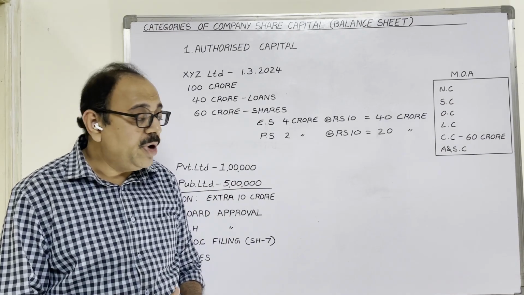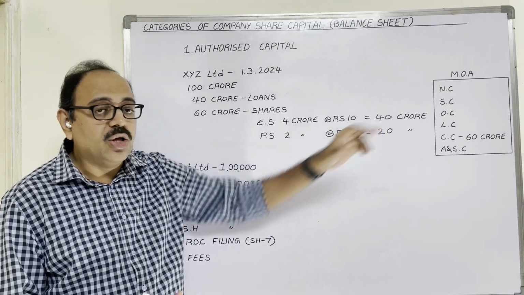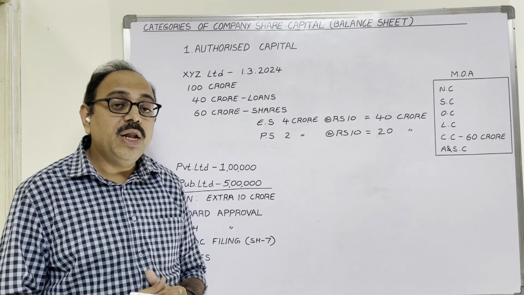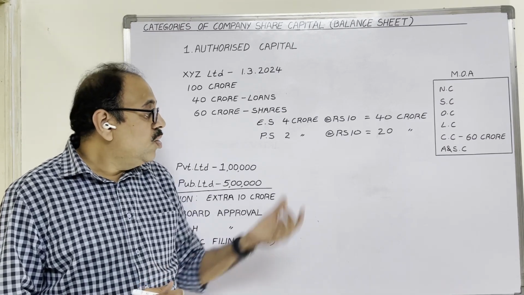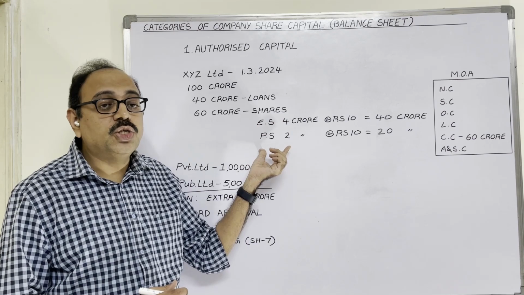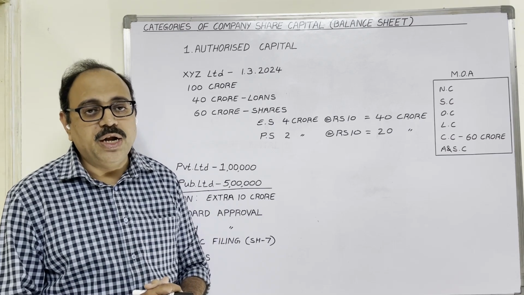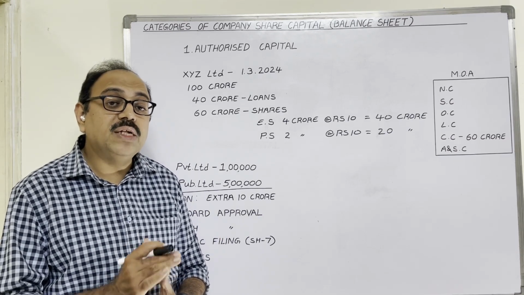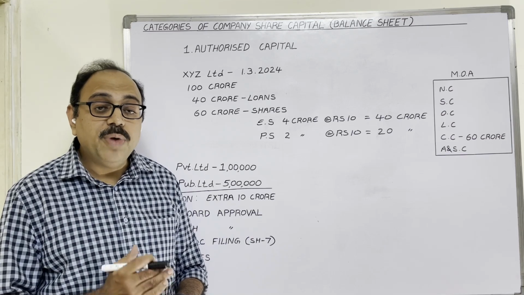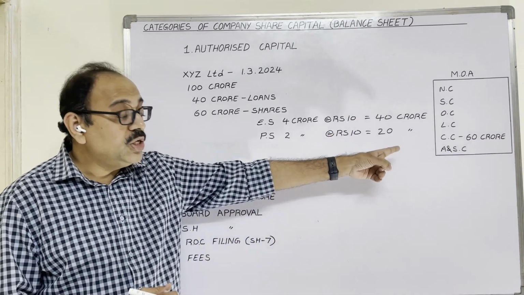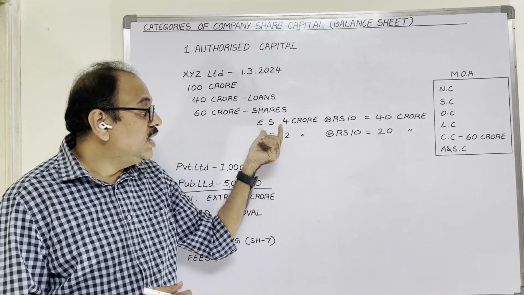In the MOA document, the company mentioned 60 crore as authorized capital, no? So the company is allowed to issue only 60 crore worth of shares to the public, not more than that. So the authorized capital amount is the maximum amount limit which the company can collect by selling shares to the public. So the company should not collect more than 60 crore rupees from the public by selling shares.